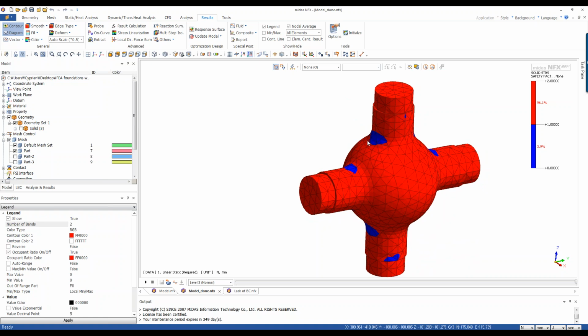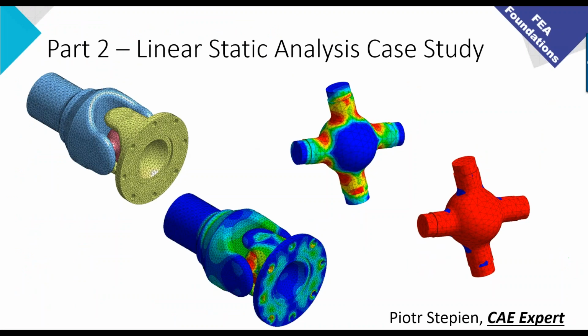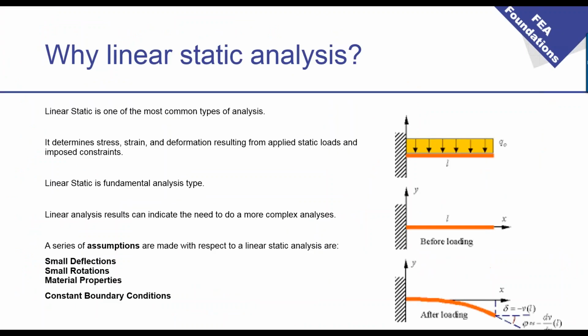Okay, so this is all I wanted to tell you today, and there are a couple of slides left just to make a summary. What we learned today about linear static analysis is that this type of analysis is one of the most common types of analysis.